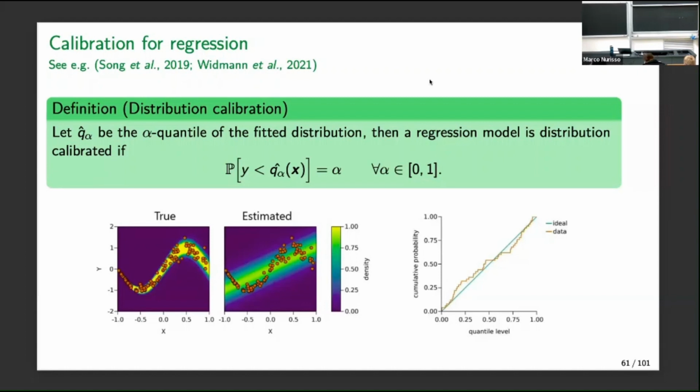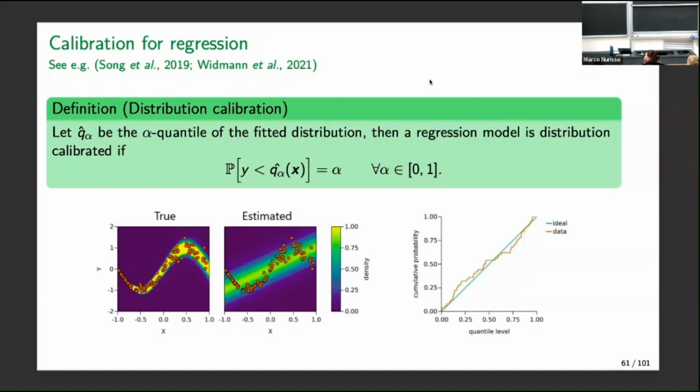It's a prediction of the alpha quantile, conditioned on X. And in probability for the true labels that we observe, so we again take this probability over the underlying distribution, both over X and Y, the probability that Y is smaller than the predicted quantile needs to be exactly alpha, where we have specified this alpha quantile. So that's a natural extension of calibration as we had it for classification to regression.